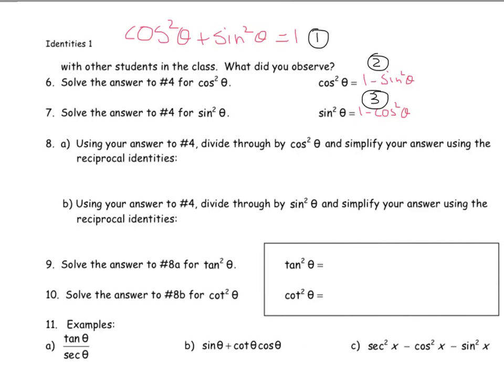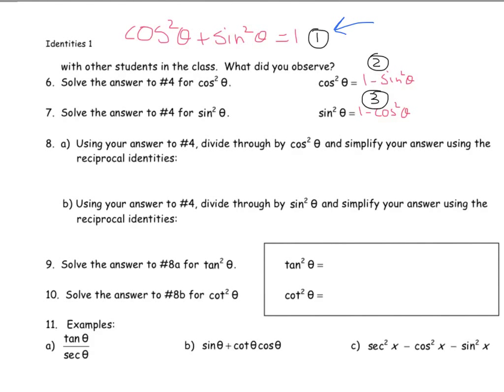So what it wants you to do there, just so you have clear direction, is take what we'll call equation number 1, divide each term by cosine squared and rewrite that equation without using sines and cosines. So use other trig functions, and you're going to discover yet another Pythagorean identity.